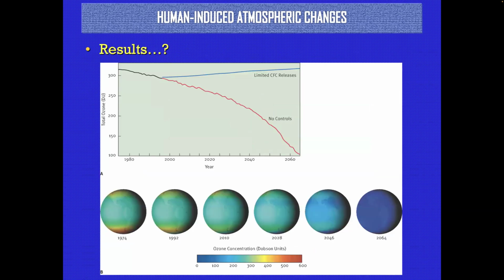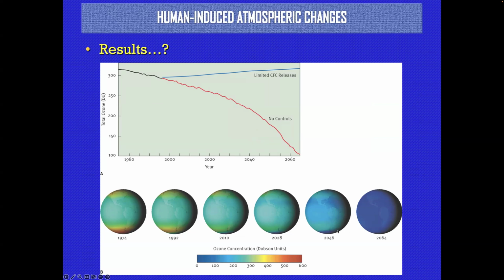And so basically what's happening here is, if we had done no controls, if nothing had happened in the 1990s, ozone would have literally gone down to almost nothing, meaning you would have started to see by now an increase in the incidence of cancers, skin cancer primarily. But because we have, this future is not going to happen.